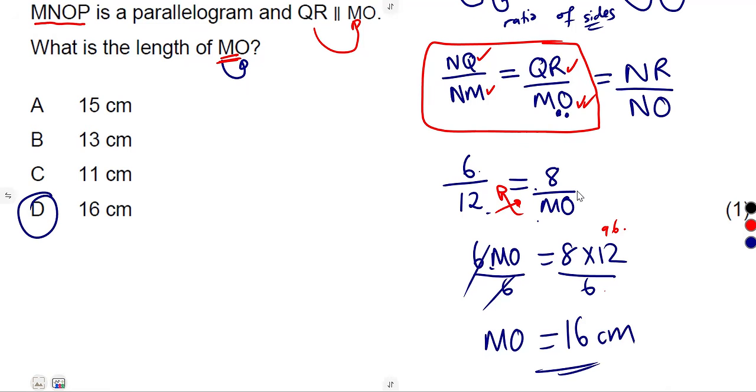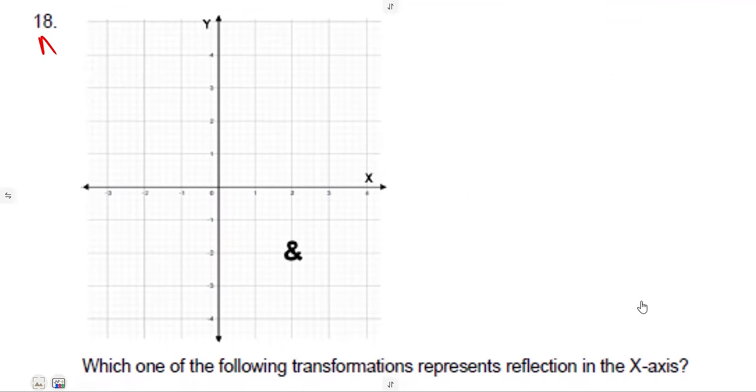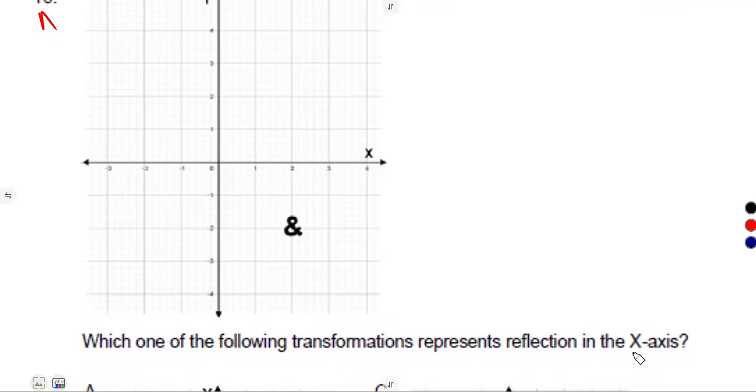All right, let's see another part, number 18. We are given which one of the following transformations represents the reflection in the x-axis. So a reflection in the x-axis, remember, is just transposing the units from where the point or the object is to the mirror line, which is our x-axis.